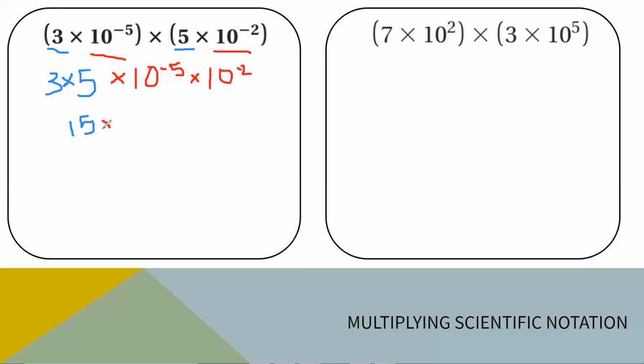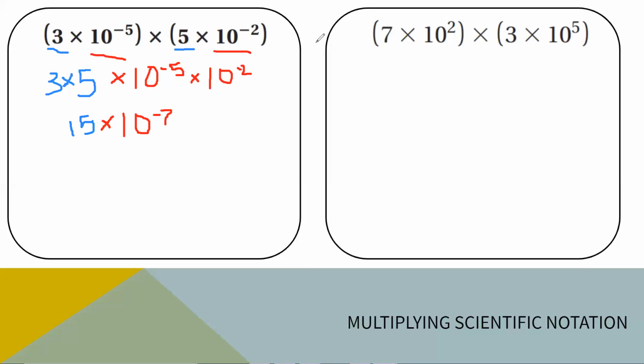Again, I'm keeping my multiplication there. But we know from the product rule that all we're going to do is add those 2 exponents together. So we have our base is the same of 10, and then we're doing negative 5 plus negative 2, which is going to give us a negative 7.